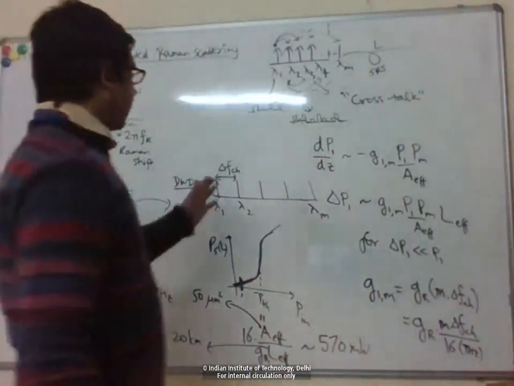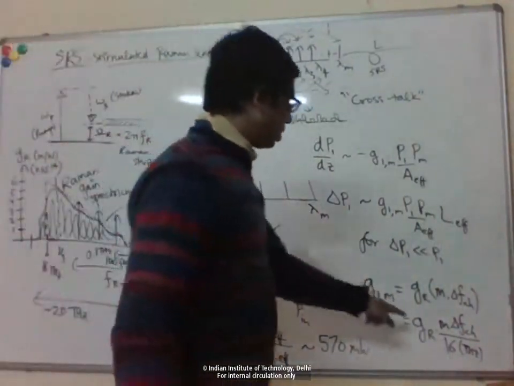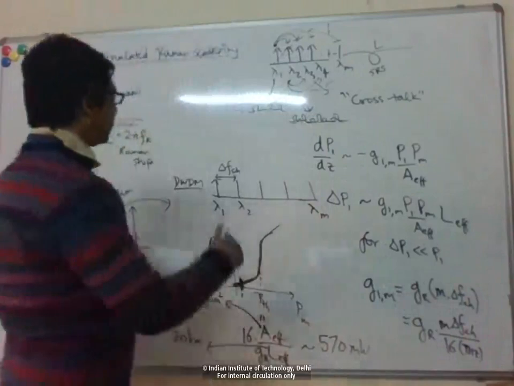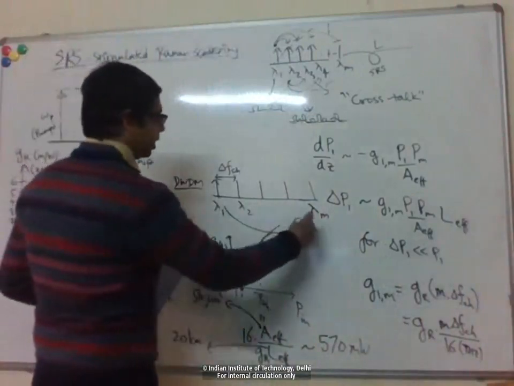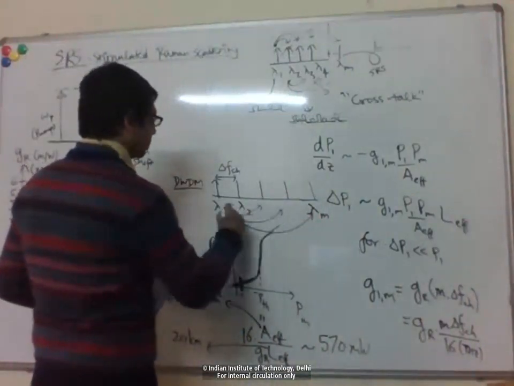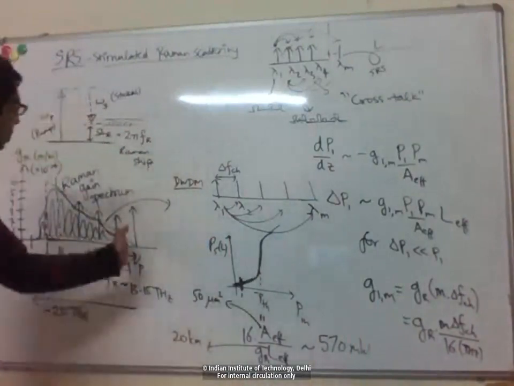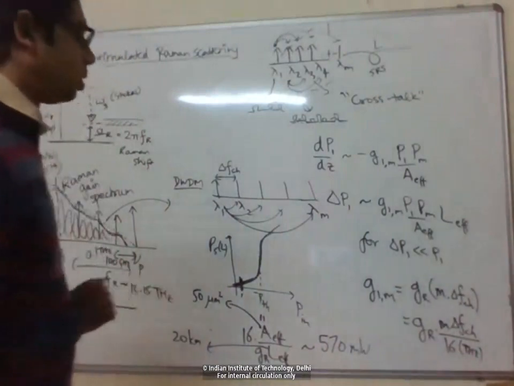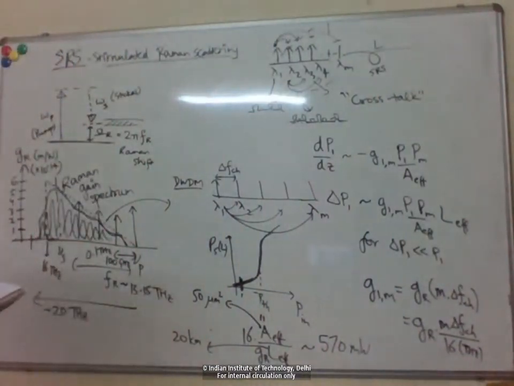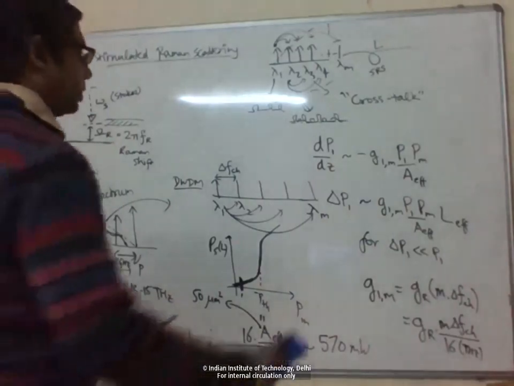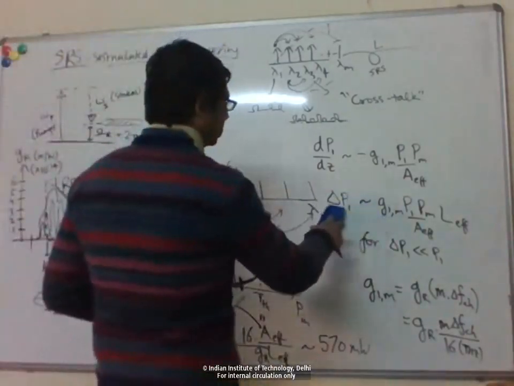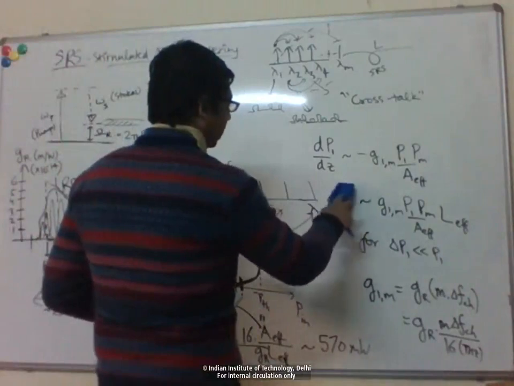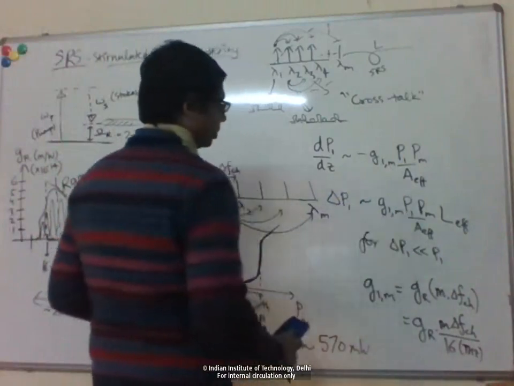The higher the separation, the more the gain. So this will transfer more power to the farther channel and less power to the closer channels, just because the gain coefficient goes up with higher separation. This is the loss in power of channel 1 due to coupling with the mth channel.